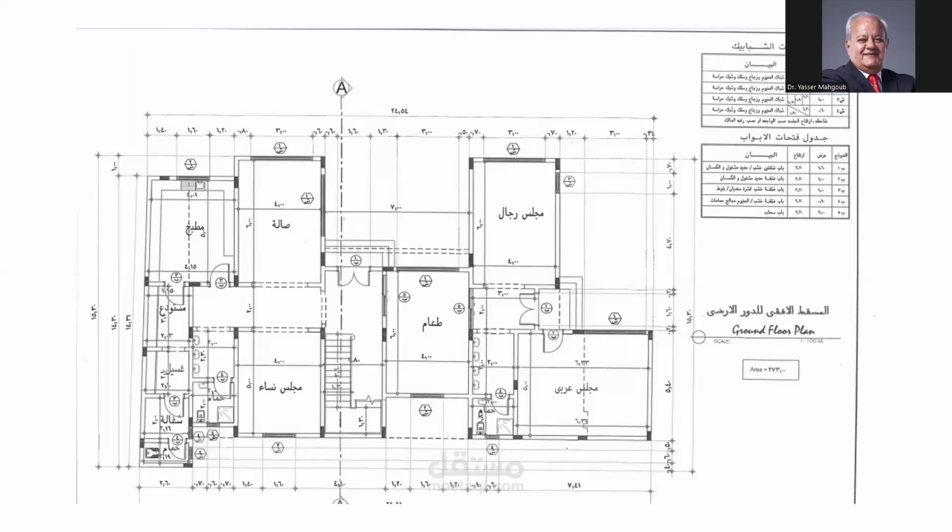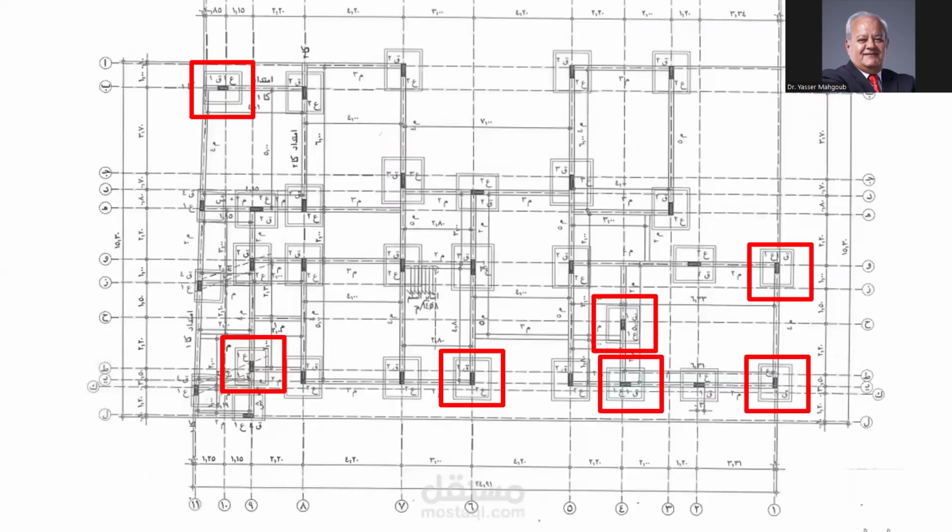So if we have a project like this one, just a small example, you get the foundation drawing from the structural engineer, and they specify the type of footings: footing 1, footing 2, footing 3, with the columns and the dimensions and everything.